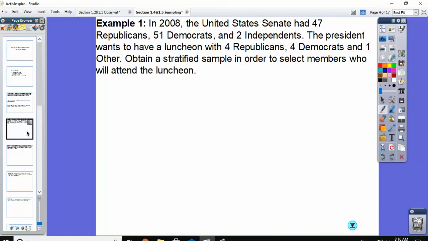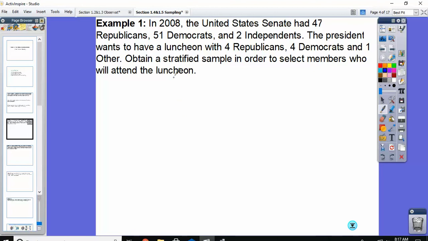Alright, so looking at our example page. In 2008, Senate had 47 Republicans, 51 Democrats, and 2 independents. The president wants to have a luncheon with 4 Republicans, 4 Democrats, and 1 other. Obtain a stratified sample in order to select members who will attend the lunch.